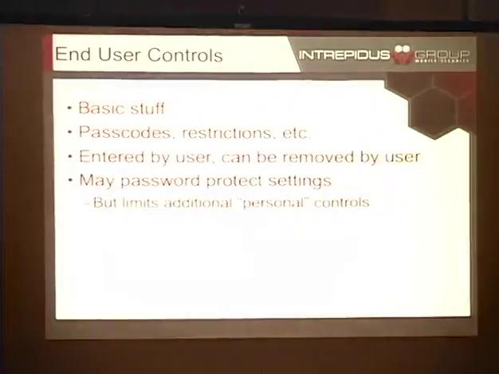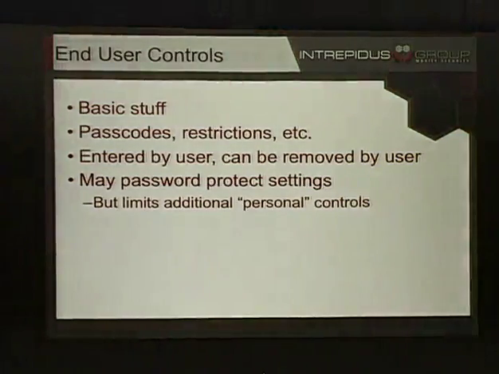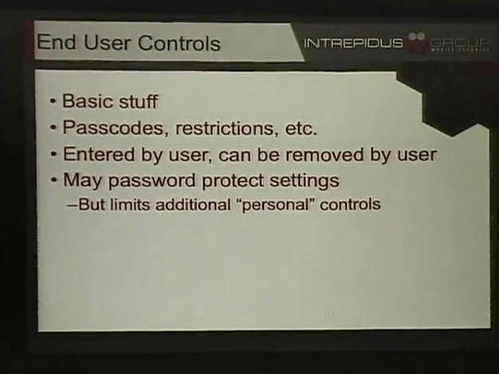So first, we'll talk a little bit about how configuration works on iOS devices. The end user, you sitting there with a little device in your hand, tippity-tapping on the screen, can do basic things. You can set passcodes, you can set some restrictions. But all those settings that you can do as a user, since they're created by the user, can be removed by a user.